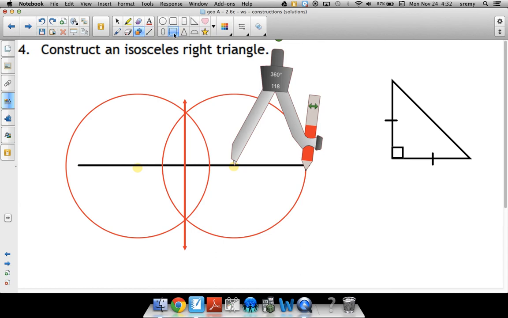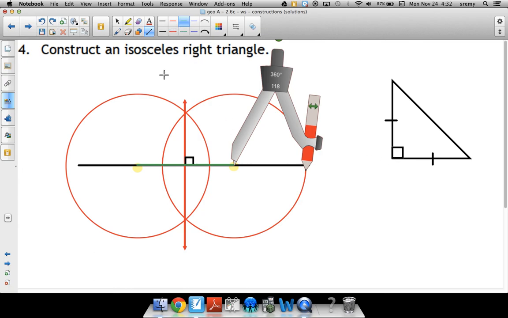Okay, so now we have the perpendicular part all done. So you can probably see this coming together now. Alright, and our original segment that we were working with looked like this. Okay, so let's see. Now we need this segment here to be congruent to this segment here, the two legs.